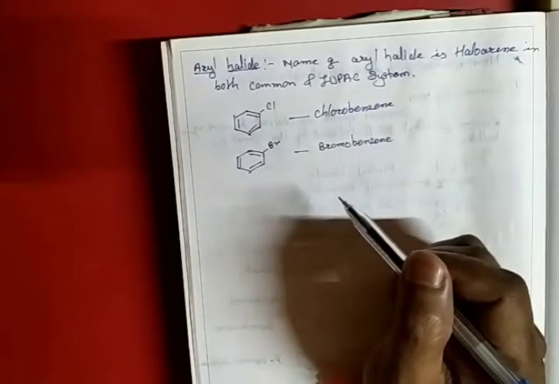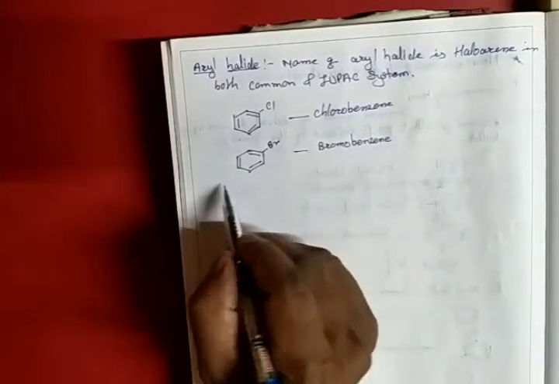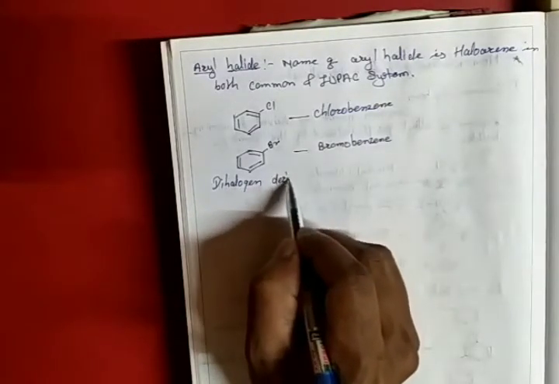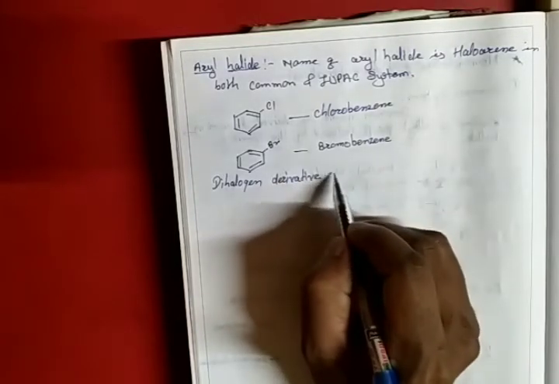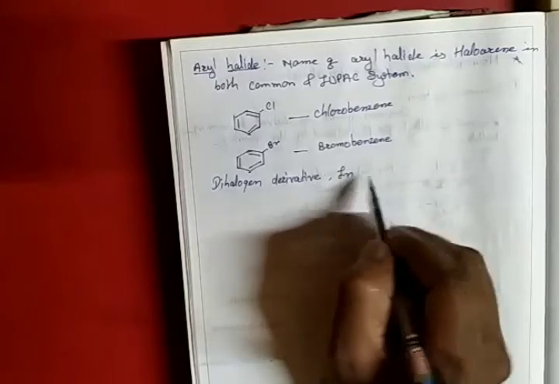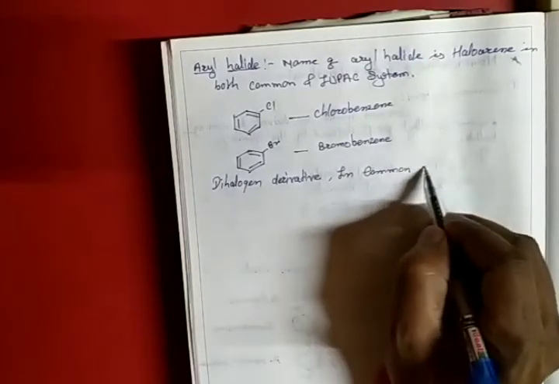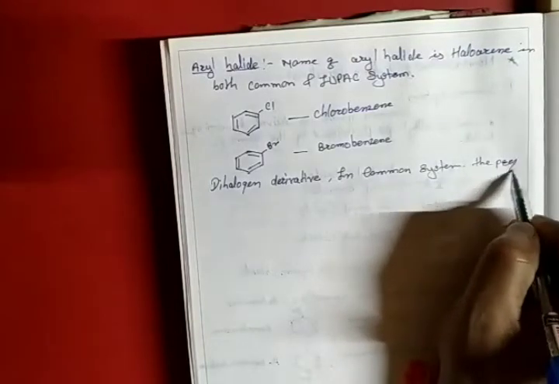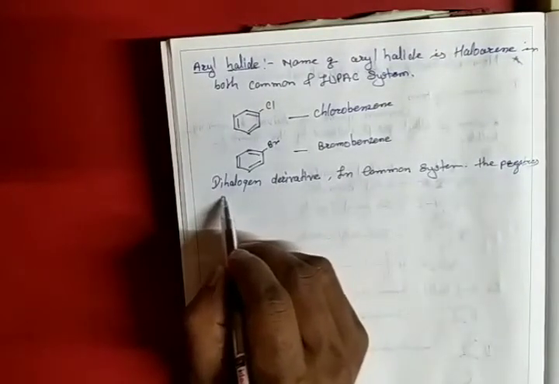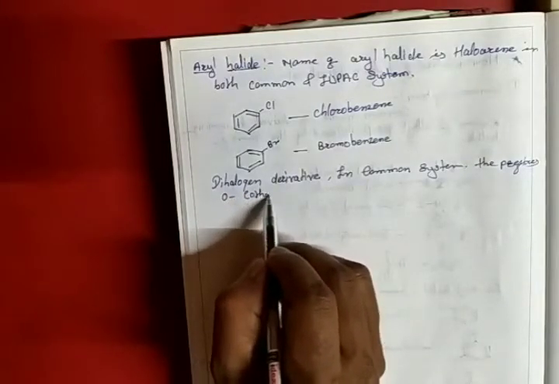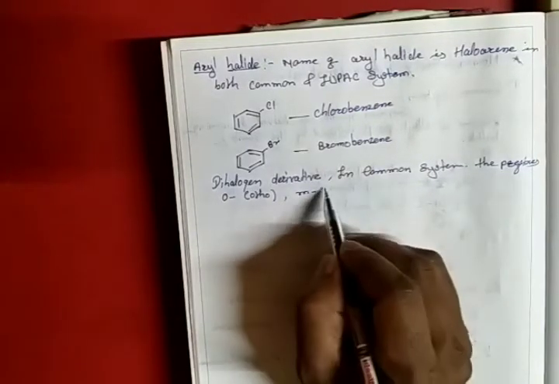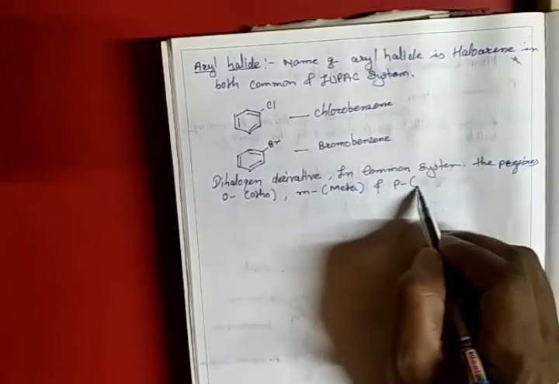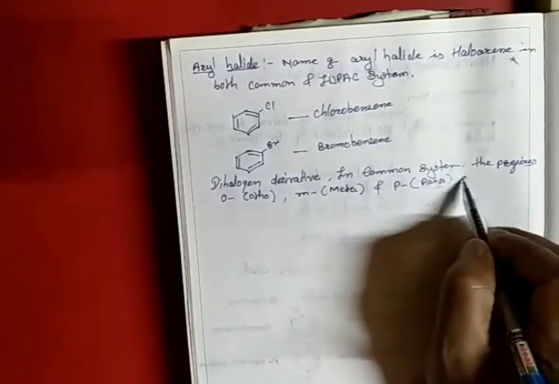But in the case of a dihalogen derivative, in the common system the prefixes o for ortho, small m for meta, and p for para are used.